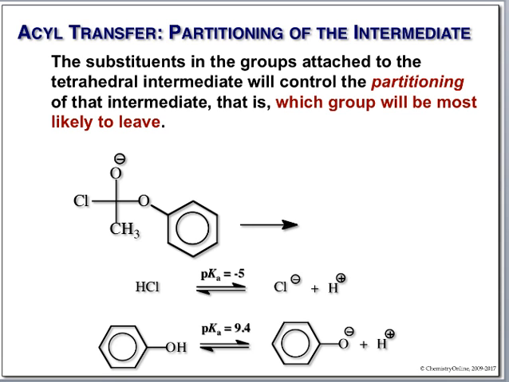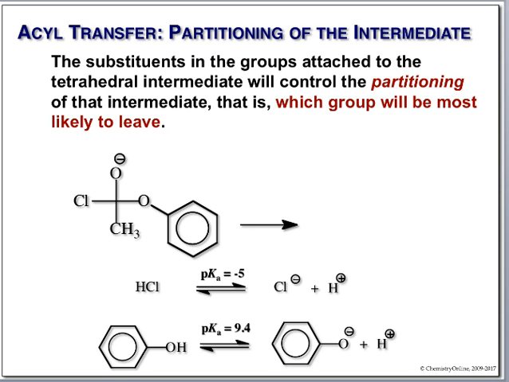Conjugate acid is hydrogen chloride, HCl. pKa is -5. Phenol is the other possibility, pKa of 9.4. Which one is the strongest acid? Well, HCl, of course, is the strongest acid.